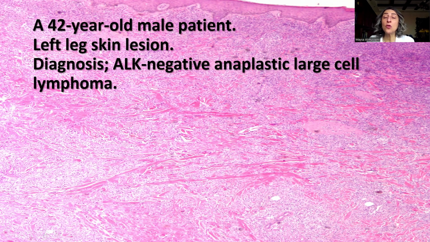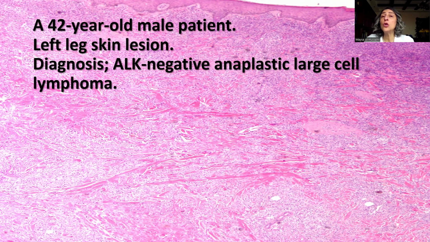Remember that whenever you have this dense infiltrate, one of the important differential diagnoses that you have to consider is lymphoma, in particular anaplastic lymphoma. Remember that with the cutaneous anaplastic lymphomas, especially the ALK-negative, EMA would be negative, CD3 might be negative, CD7 might be negative, and this might sway you away from the diagnosis.